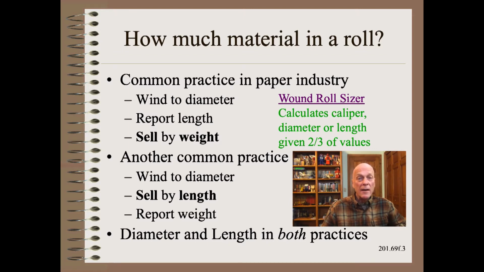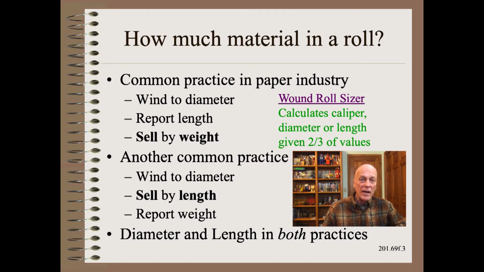Before we detail length measurements, let's talk about some commercial practices that would be commonly found in purchasing agreements or on wound roll labels. These quantities have statistical and legal importance, even if they are merely being reported. In the paper industry, it is common to wind to diameter, report length, and sell by weight.